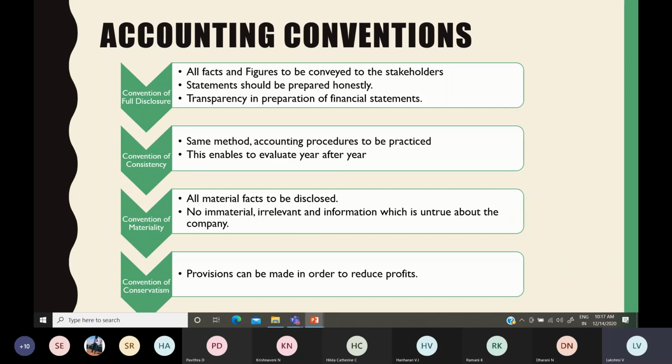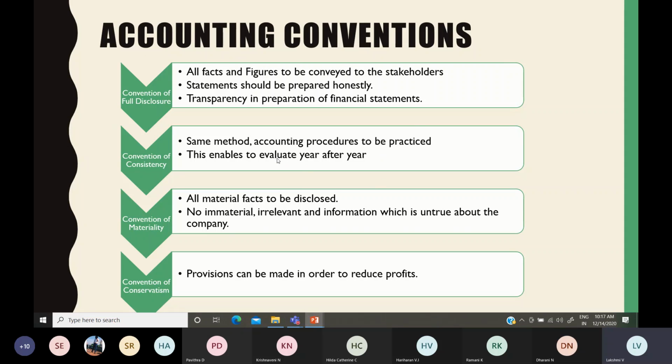What is meant by transparency? There should not be any hiding of information, such as overestimating the assets value, or depreciating the assets value, or showing more liabilities or loss, just to evade tax and other things. The company should not indulge in those activities.